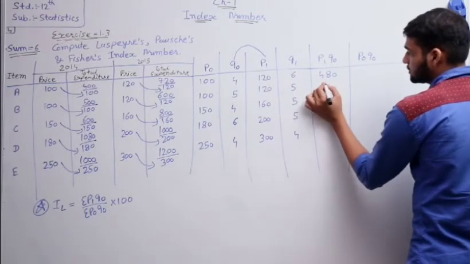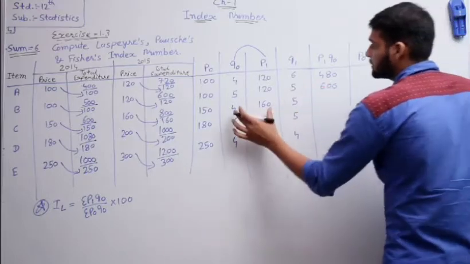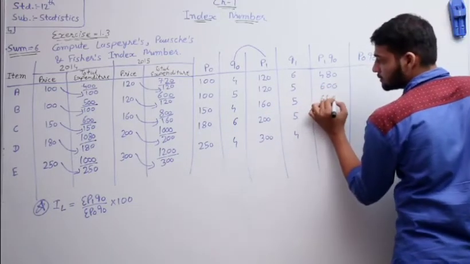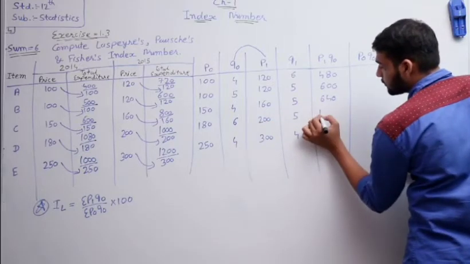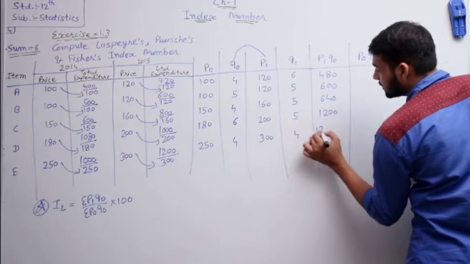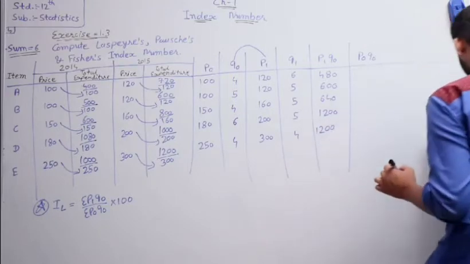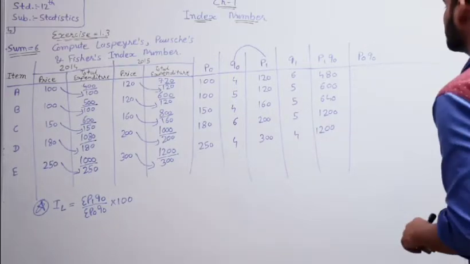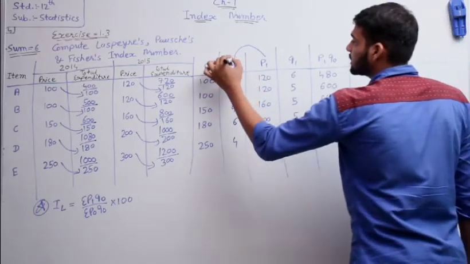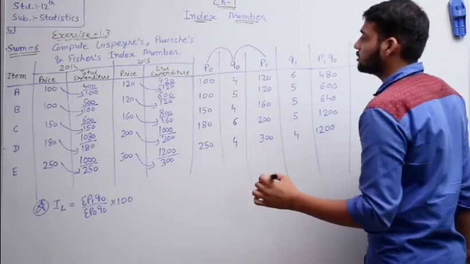Then 600, then 640, then 1200, then again 1200. Then the second column is P0 Q0, the multiplication of P0 and Q0.